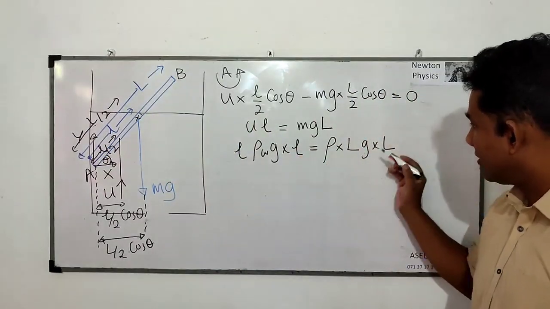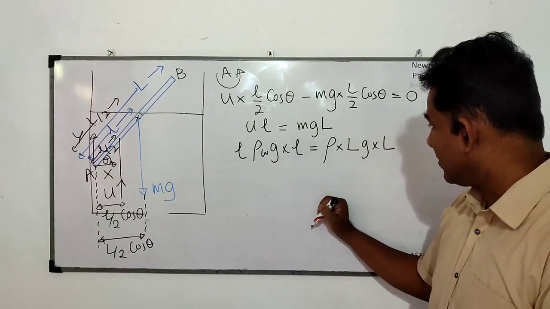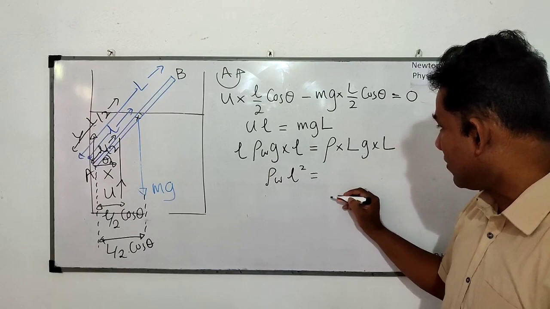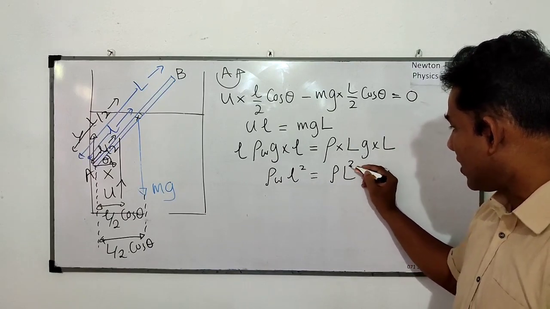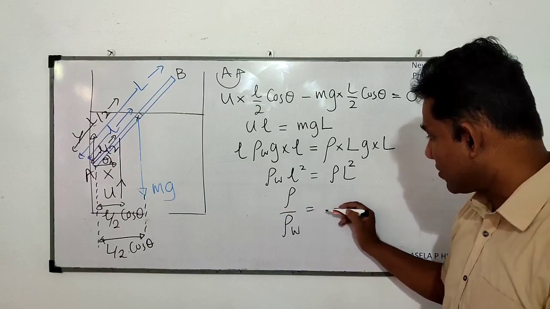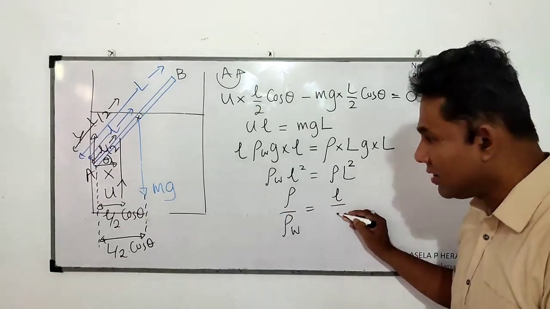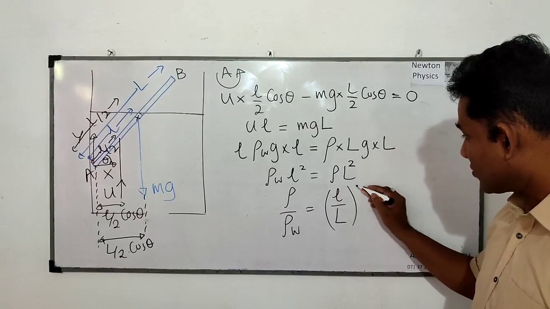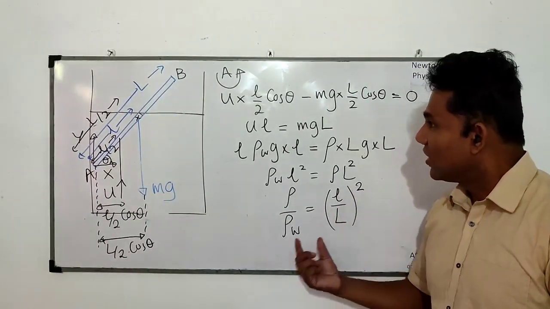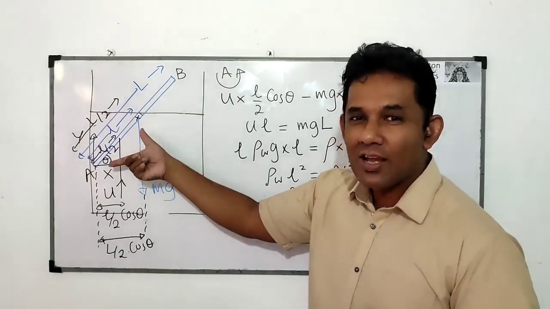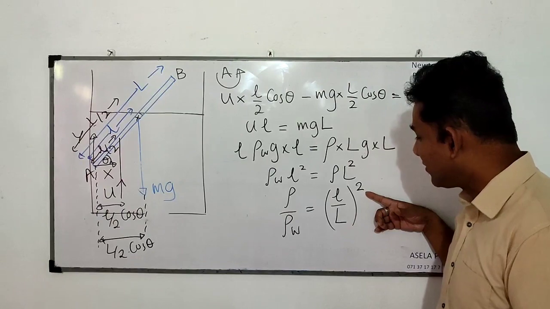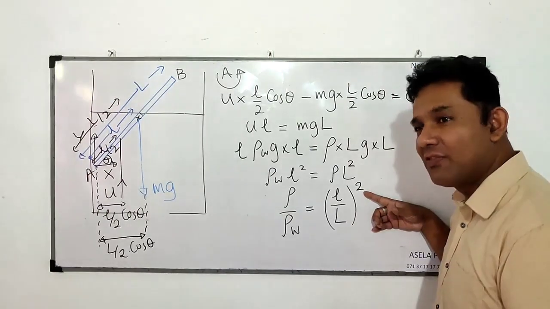And so g will cancel and you will get rho W L squared equal to rho capital L squared. Now rho divided by rho W equals simple L divided by capital L, squared. That's why, if this fraction is half, then I have to take the square of this half. That means it becomes 1/4.